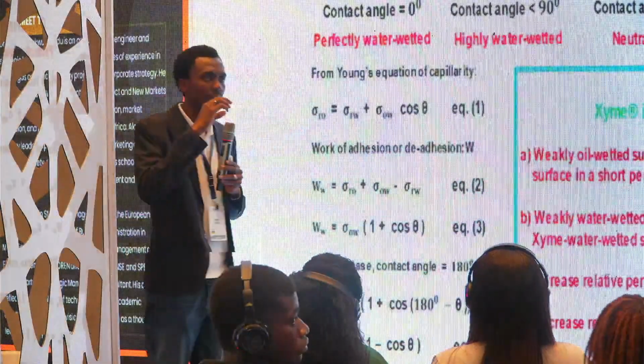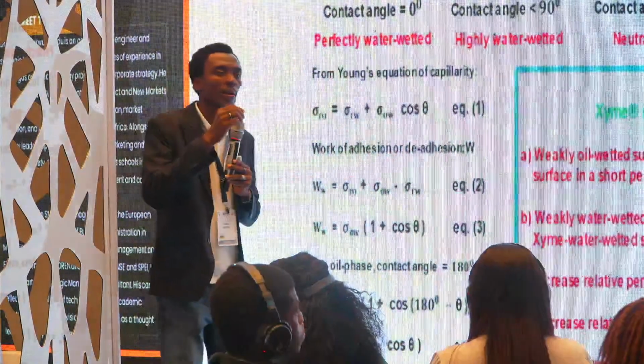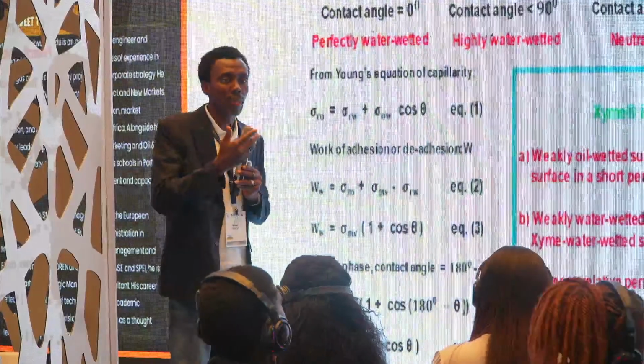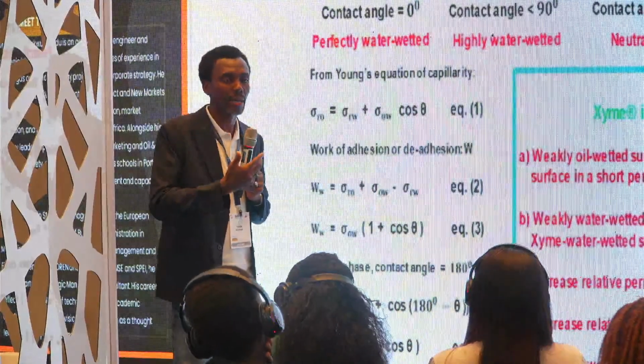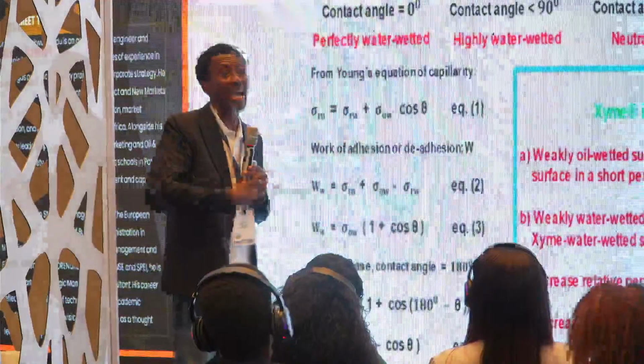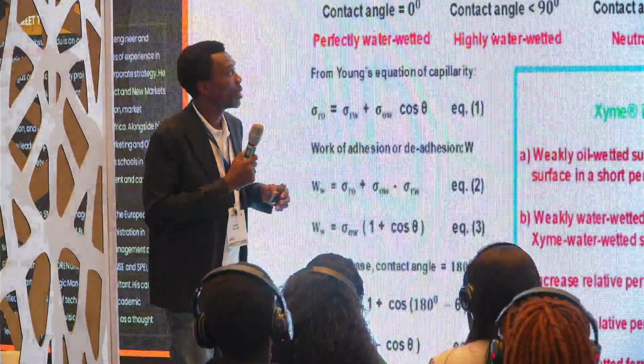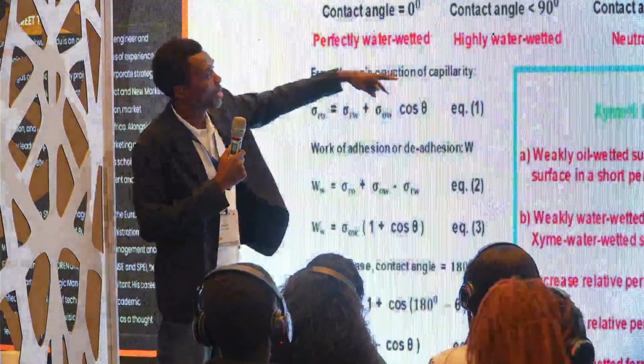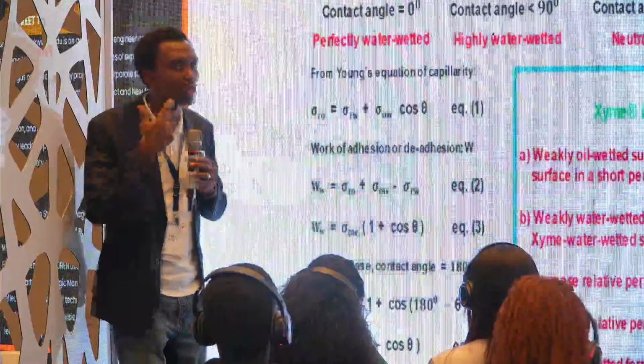in petroleum engineering, the lower the contact angle, the better the wettability, or the higher the wettability. So if you look through, we'll see that what we want to produce is oil, right?